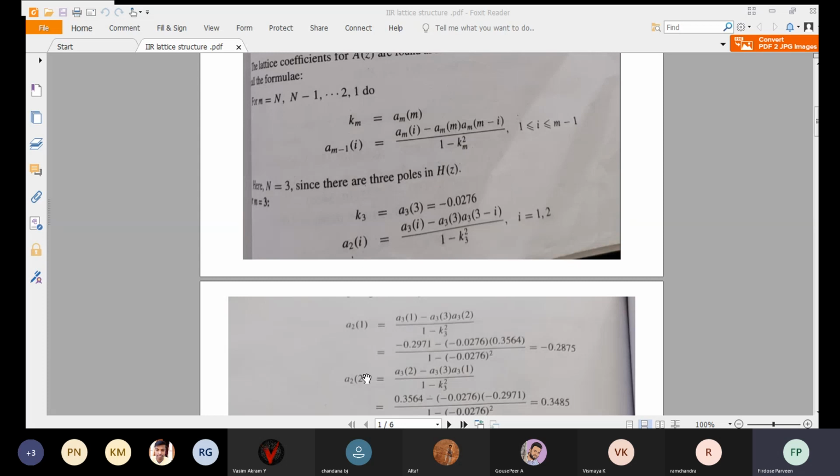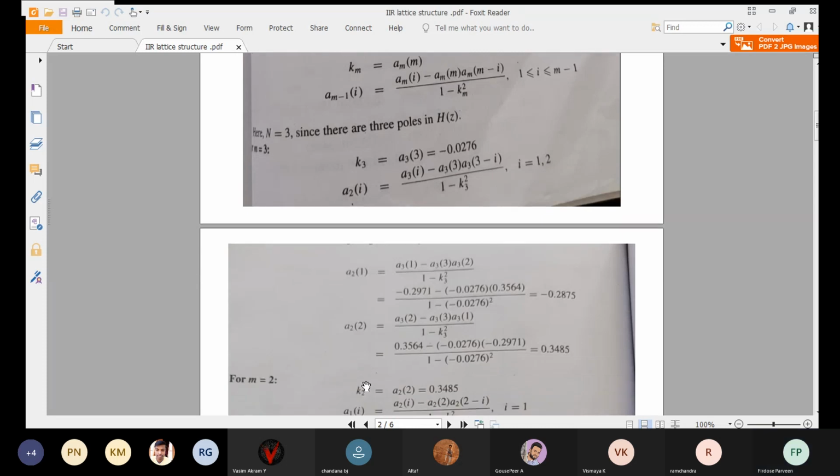Okay, in the same way, this is for i equal to 1; now for i equal to 2. Since m is equal to 3, it varies from i equal to 1 till m minus 1, that is 3 minus 1, which is 2. So you have to do it for i equal to 1 and i equal to 2. i equal to 1 you have done.